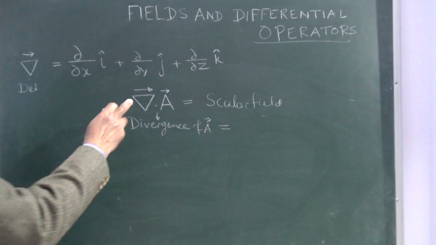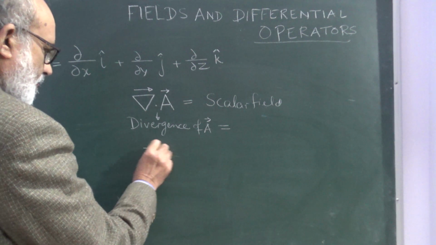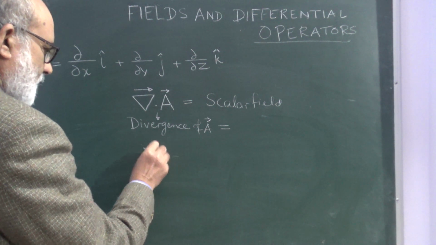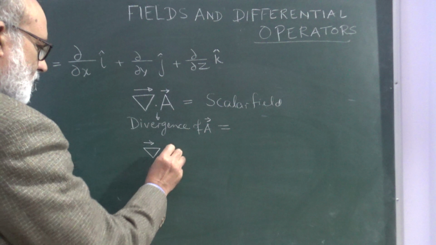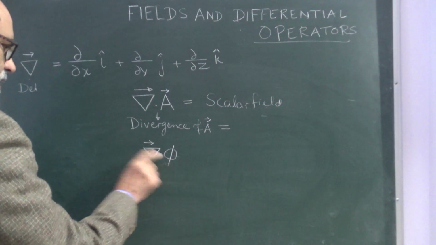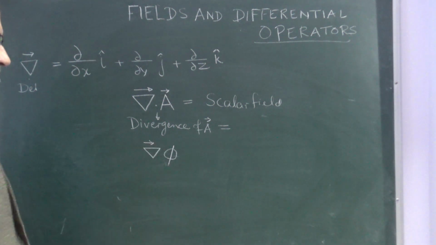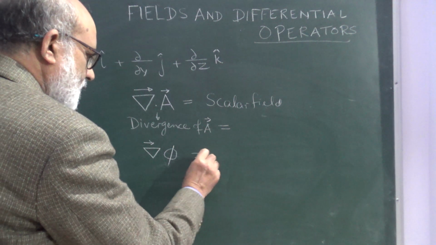Now when this del operator operates on a scalar field, suppose the scalar field is denoted by phi, this is a scalar field. This is called the gradient of phi, and this results in a vector field.